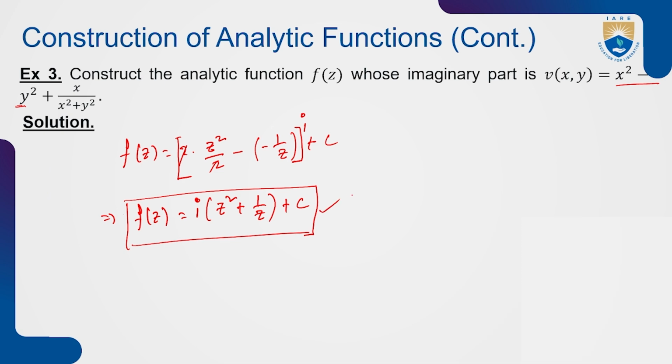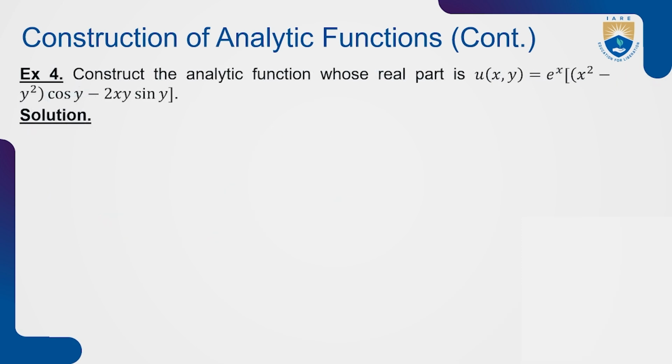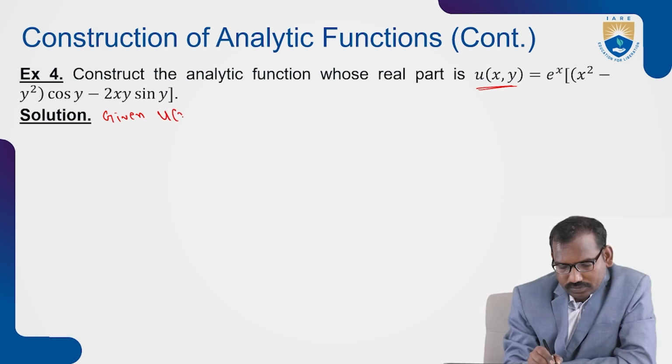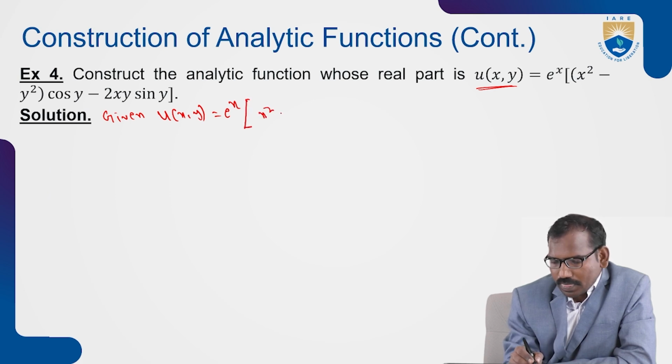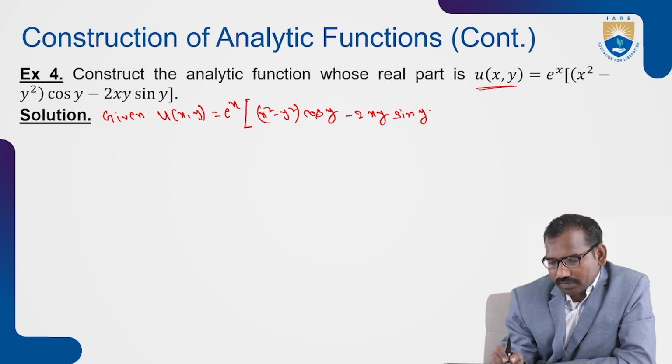Okay, next we have another problem. In this problem it is given that the real part is given. So given u of x comma y is the exponential function times x square minus y square cosine y minus 2xy sine y.